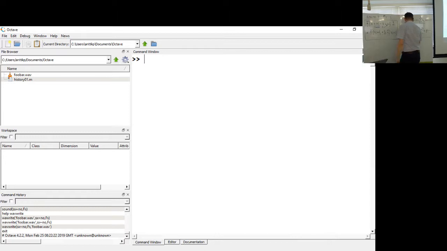So the 4-point running average filter: y of n equals 1/4 of x of n plus x of n minus 1 plus x of n minus 2 plus x of n minus 3. Okay, that's the difference equation.